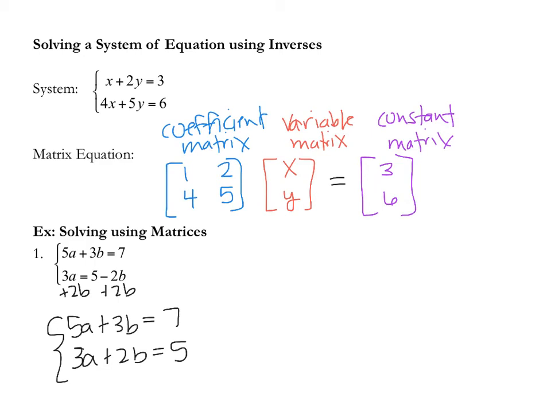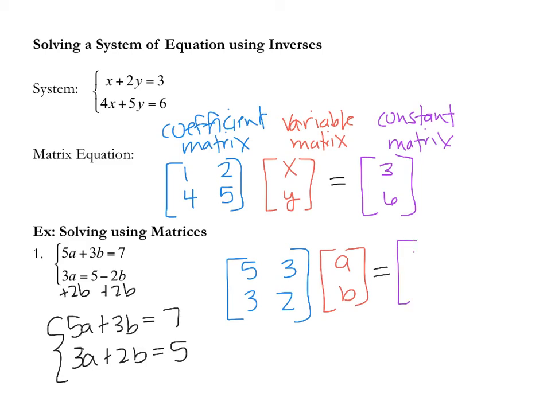And then we need to set up our matrices. Again, the coefficient matrix you get from plucking all the coefficients off of the variables. And then your variable matrix is always next as a column. So this is going to be A and B in whatever order they're currently in. And then that's equal to the constant matrix, which is 7 and 5.